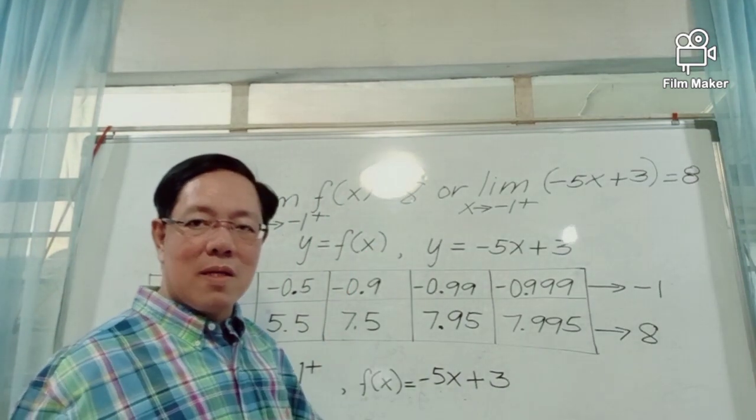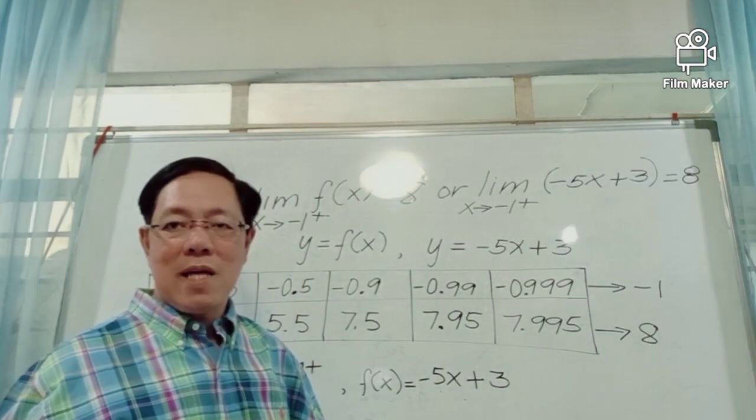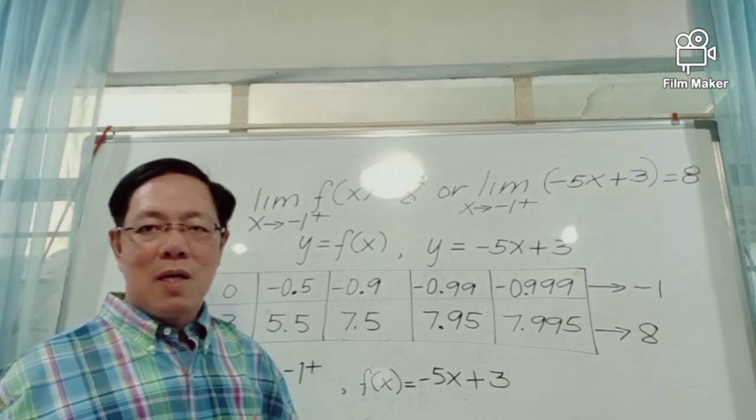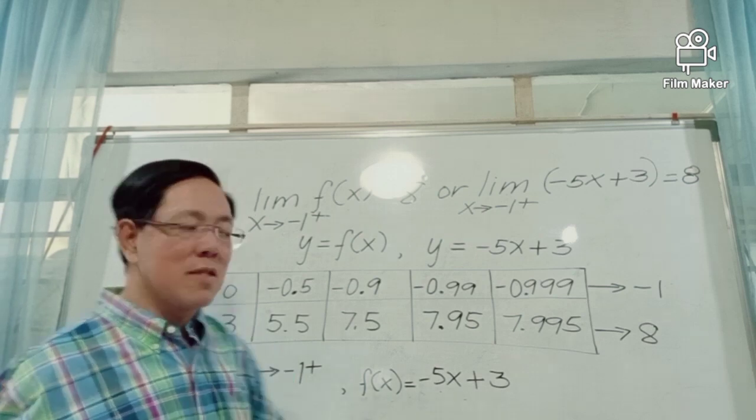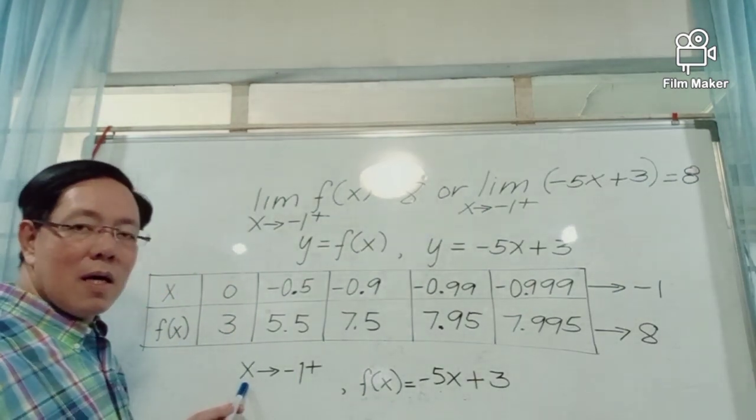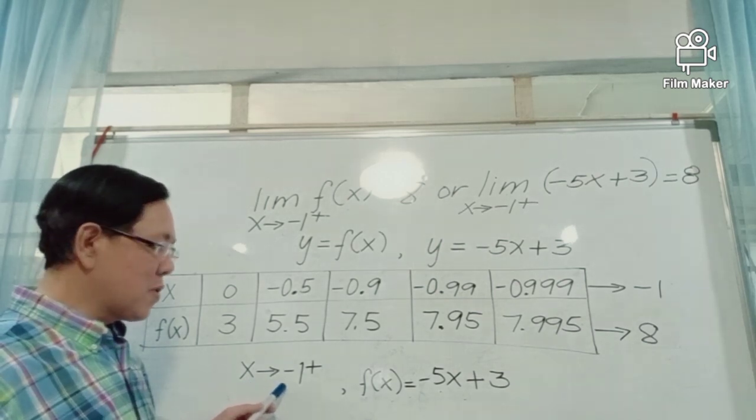This number positive 8 is known as the right-hand limit of the function, and it is called the right-hand limit because we let x approach negative 1 from the right.